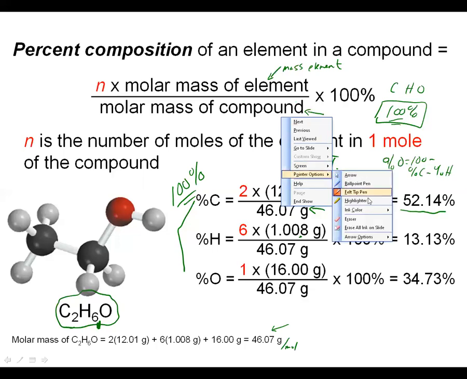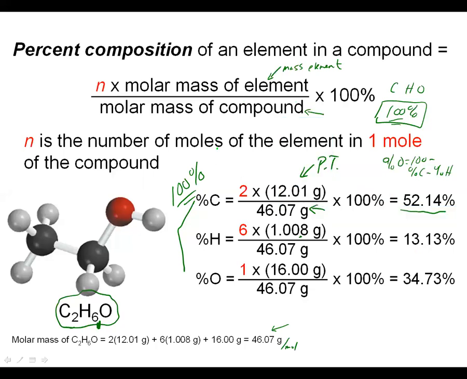Okay. And as we can see there on the bottom, again, it should add up to about 100%. That would tell you, obviously, that you got everything that was there.